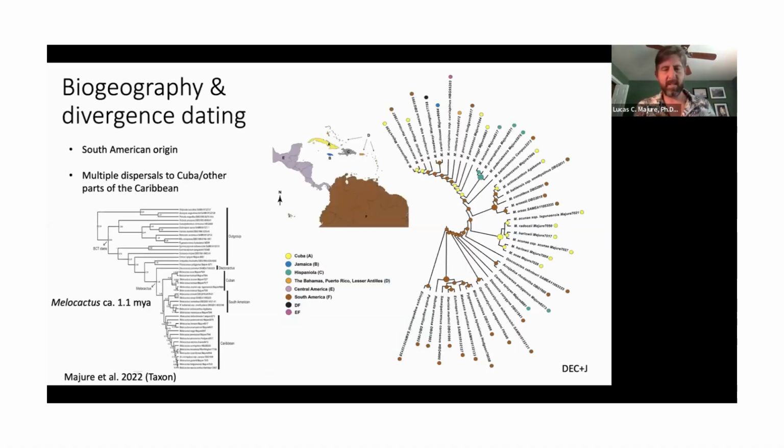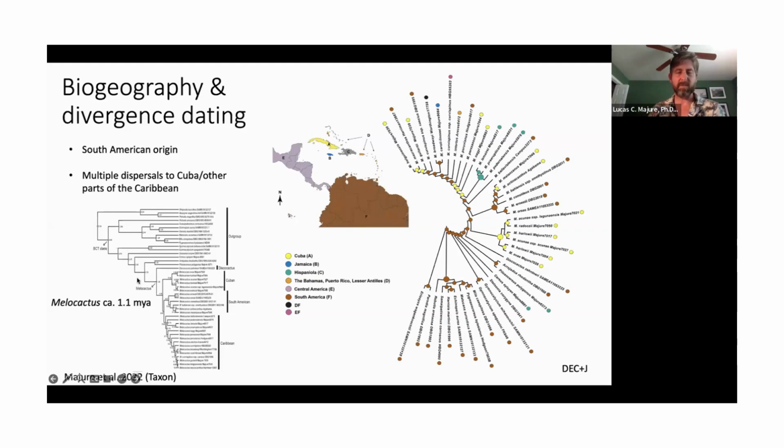So when we look at the overall biogeographic history and the divergence times, or that's to say the age of these groups, what do we see? So we see what appears to be a very clear South American origin of this group as a whole. But then we have multiple dispersals from South America to Cuba and or other parts of the Caribbean.